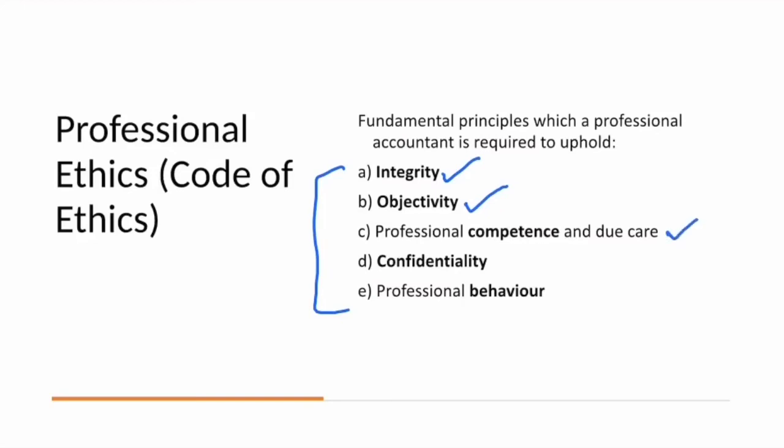Professional competence and due care means to regularly update your knowledge and skills in any particular area and to provide your clients with an updated service. Confidentiality means to keep the information acquired as a result of business confidential. Professional behavior means to act professionally in all material aspects so as not to discredit the profession.